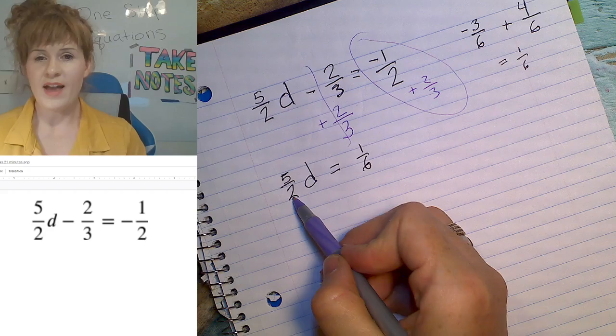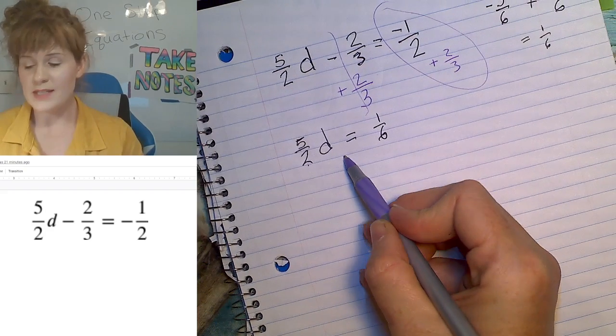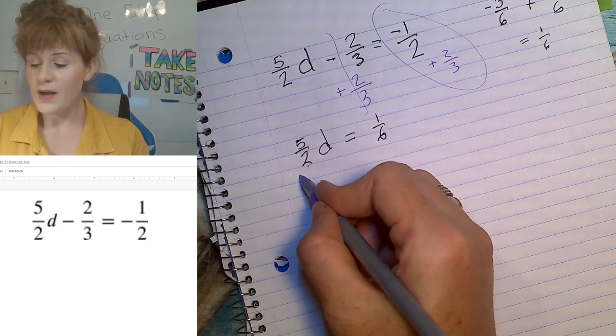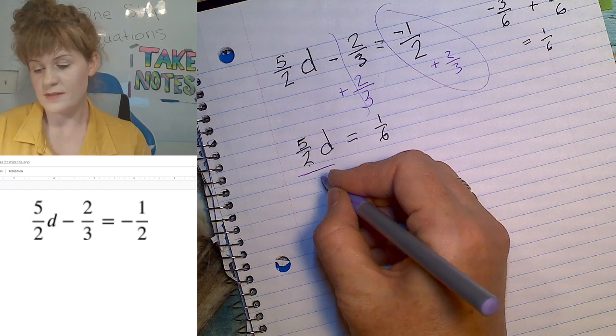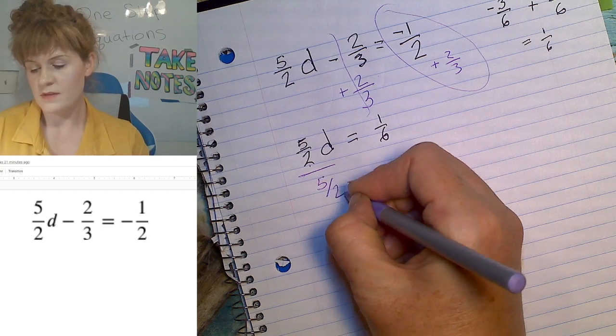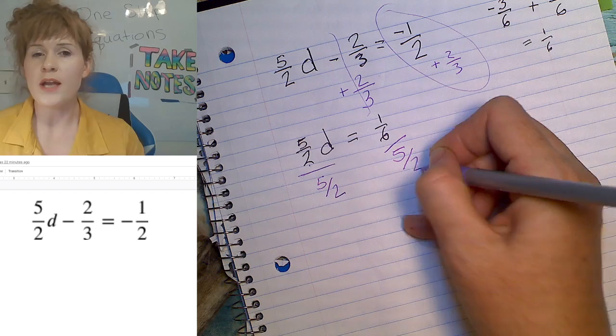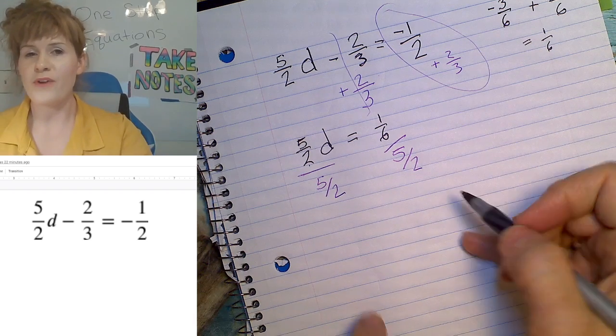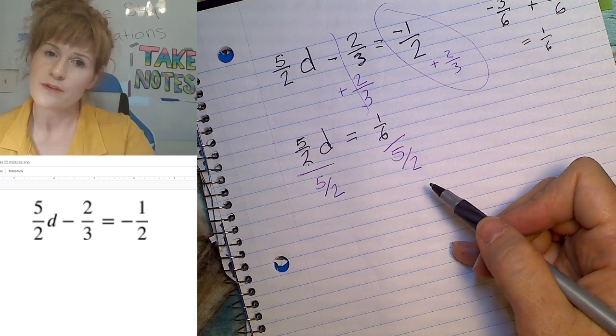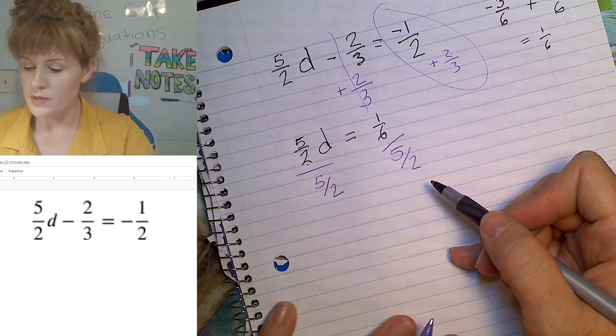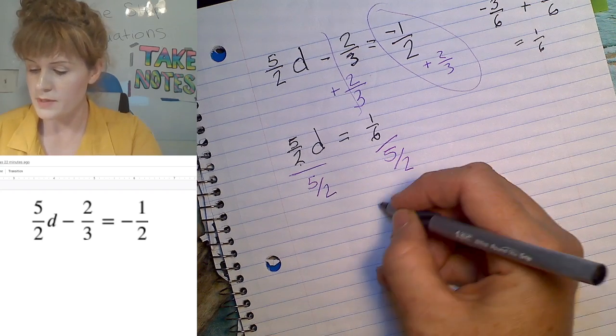I have 5/2 times D, so I'll divide by 5/2, and I'll divide the other side by 5/2. I already reviewed fraction division in my other video, so I hope you followed along well. I'm just going to write this out really quickly.